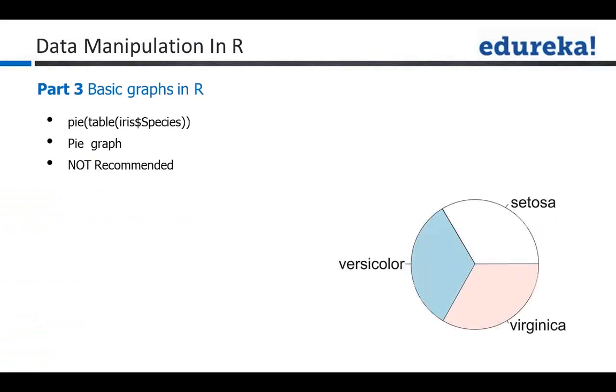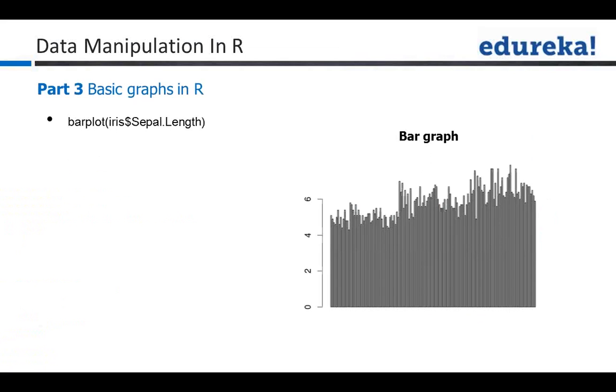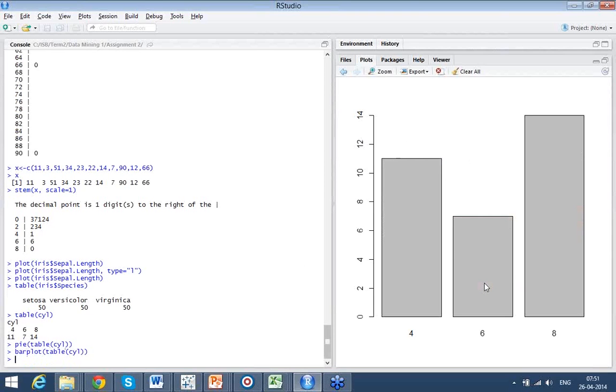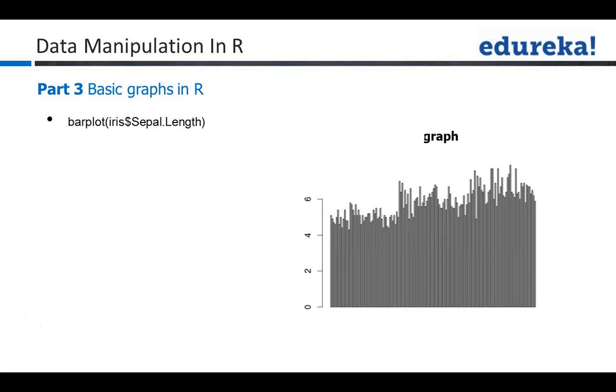So if I had done, let's say, a bar plot of this table, see what happens. Yeah. So here, isn't it visually easier to find out how different they are from each other than in a pie chart? That's exactly what we mean when we say pie should not be used too often.